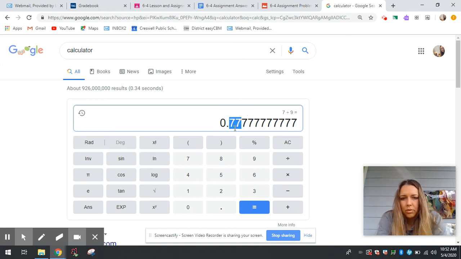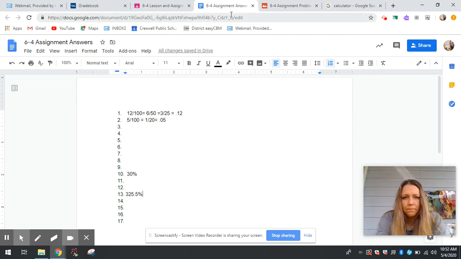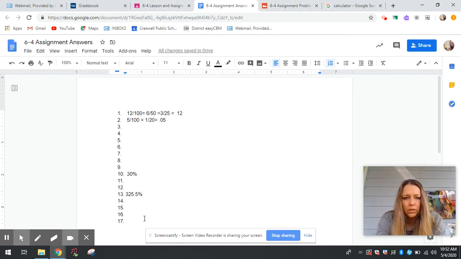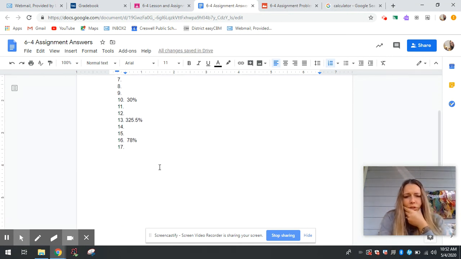We just keep what's in the hundredths place. We could round that up because the number to the right of it tells us whether we round up or down. It's 5 and up, round up. So I'm going to do that. And what I'm going to write for 16 is 78%. If you wrote 77%, I'd still give you credit.